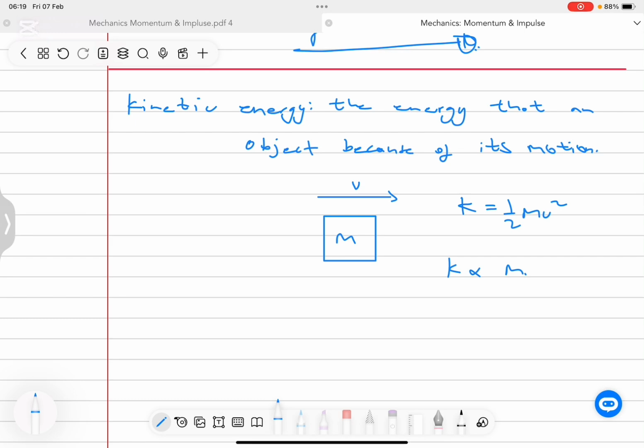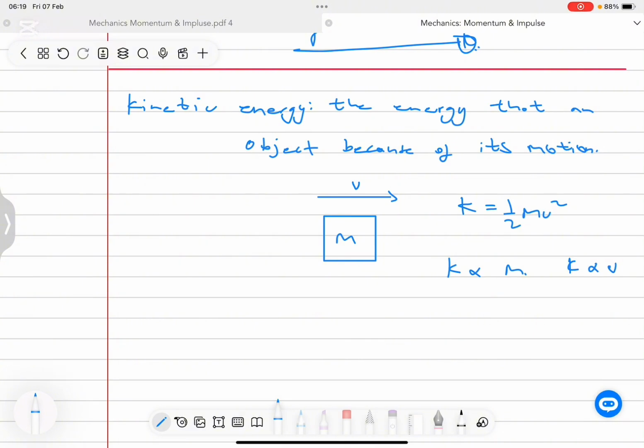Again, we can see that direct proportion relationship between kinetic energy and the velocity, to say the kinetic energy is directly proportional to the velocity. They increase or decrease by the same ratio.